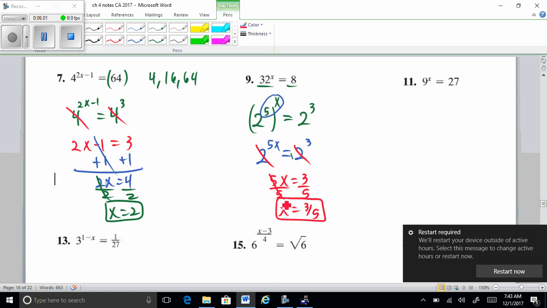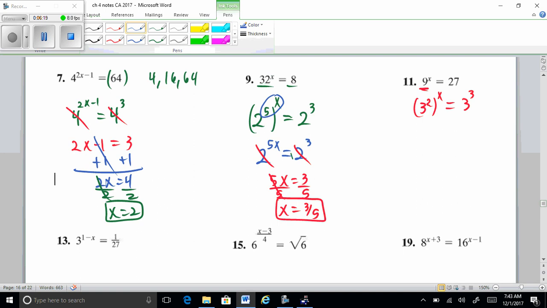All right, so then 11, we'll take a look at 11 here. 11 is going to be a lot like number 9. So if you look right here, we're going to adjust this to 3 squared raised to the power of x equals 3 to the 3rd power, which is the same thing as 27. And so then this will become 3 raised to 2x once you do the power rule right here.